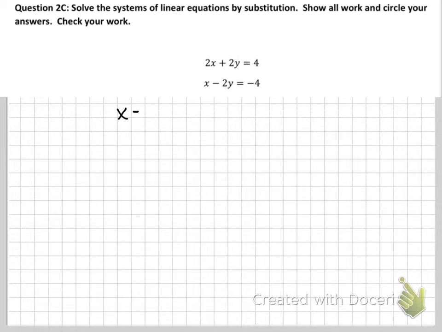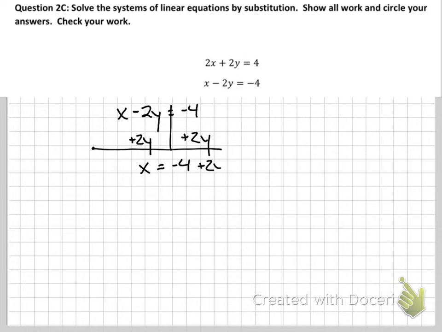That means I have to pick one variable to get all by itself on one side, or isolate. I pick the second equation, and I'm isolating x by adding 2y to both sides. So this gives me x equals negative 4 plus 2y, or 2y minus 4, whichever you prefer.